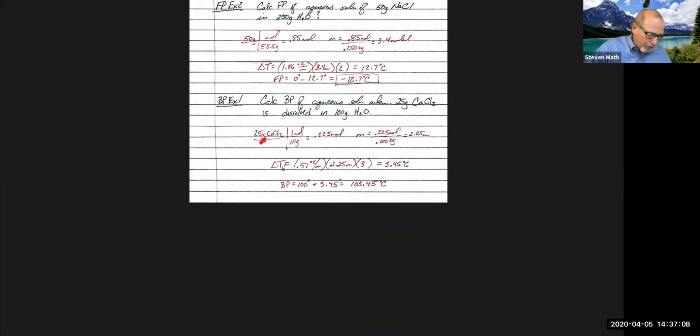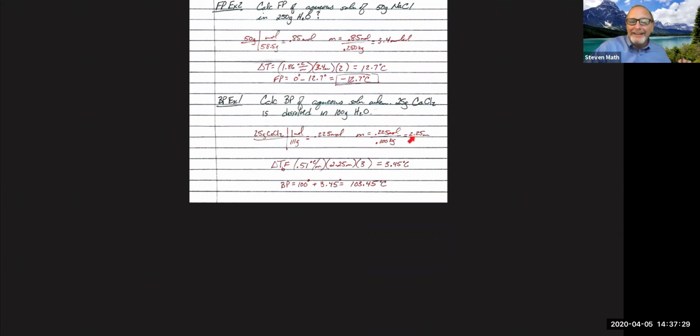So take your 25 grams of calcium chloride, molar mass 111. How'd I get that? Added it up off the periodic table. That's going to give me 0.225 moles. Take that and divide it by 0.1 kilogram. How come? That 100 grams is 0.1 kilogram.